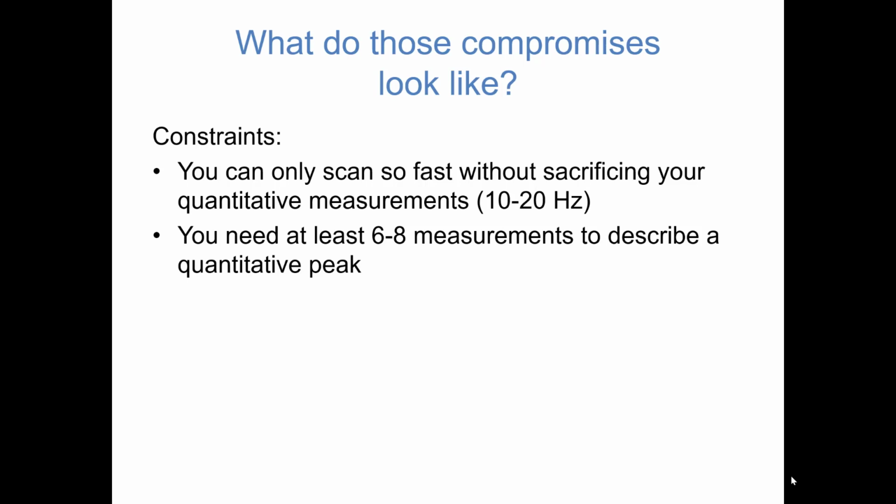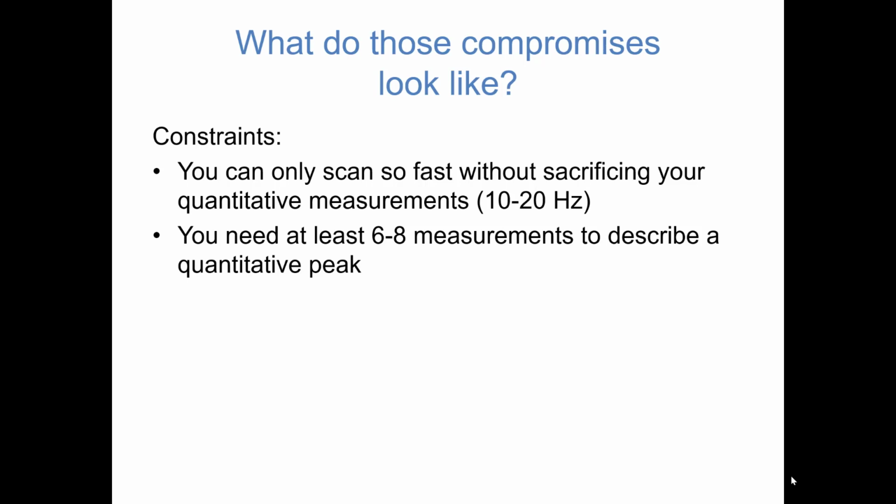The other constraint is if you want to do quant on the fragment level, you need scans pretty frequently. So typically with DDA, we acquire precursors every second or every second and a half. And we get really nice traces across a 25-second or a 30-second peak, because you probably get around 20 or 25 scans across that peak.